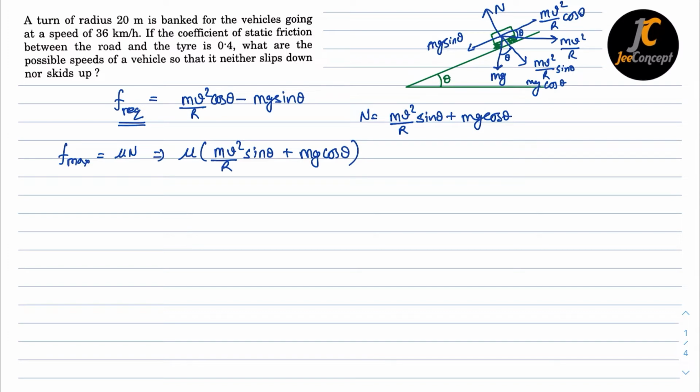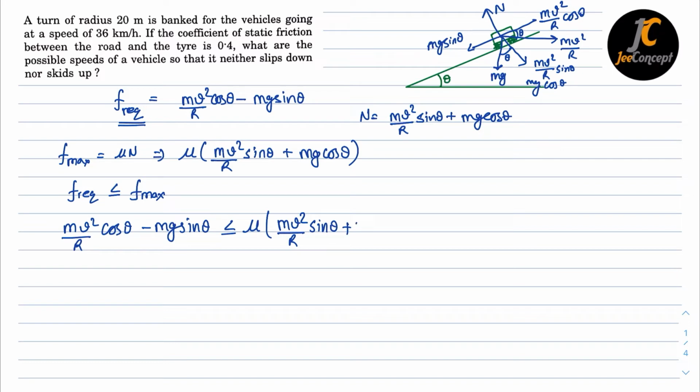So to safely drive this car, F required should be less than or equal to F maximum available, right? So in this case, mv square by r cos theta minus mg sin theta should be less than or equal to mu times mv square by r sin theta plus mg cos theta.